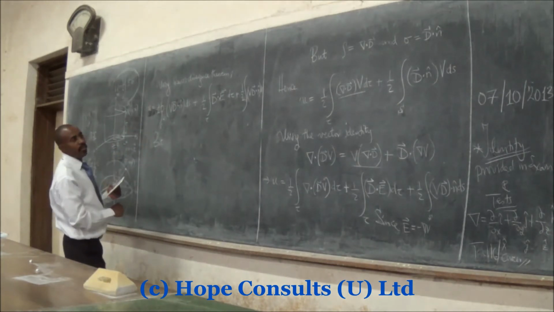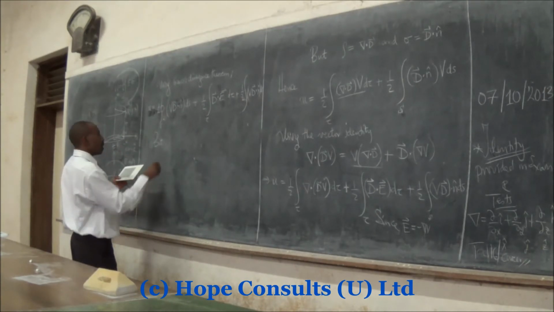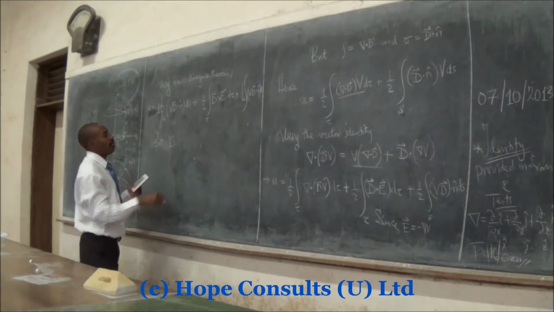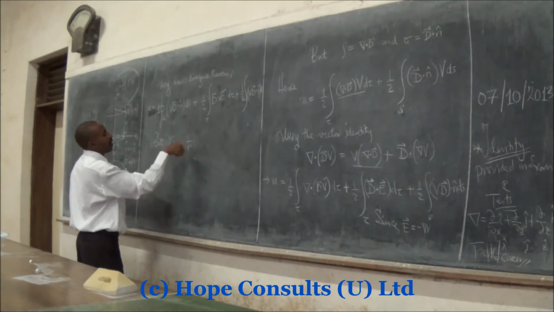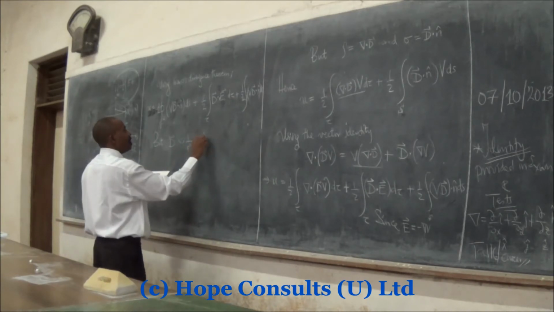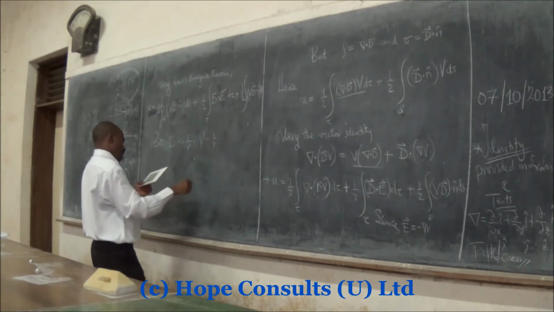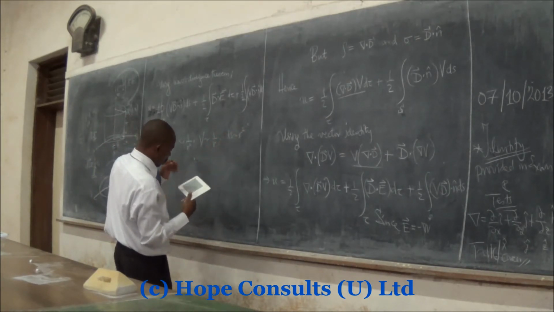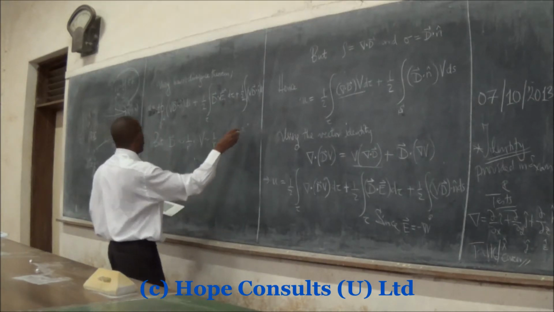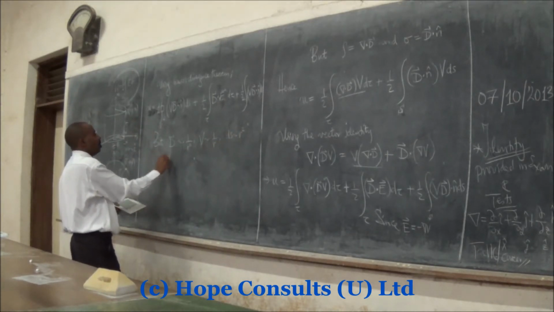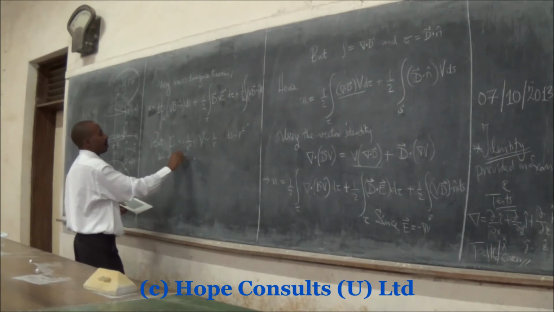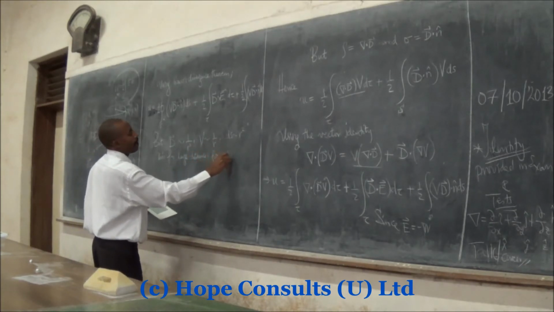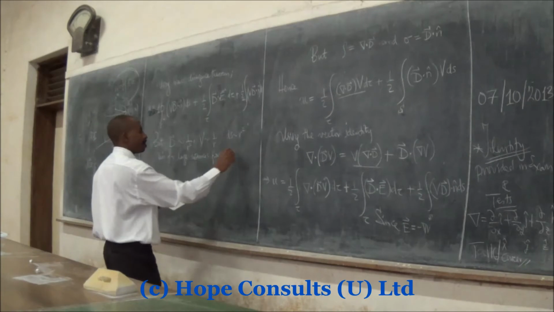But here is why we can't bother about them. In the previous example, when we were looking at the spherical shell, we know that our D, which is always epsilon E, varies as 1 over r squared. Our V varies as 1 over r. Our dS varies as r squared. That is, this is for large distances from the charge distribution.